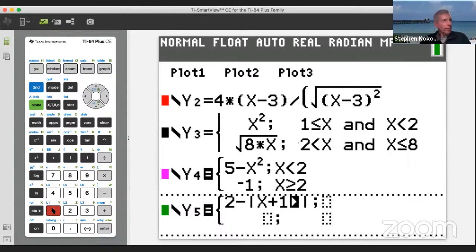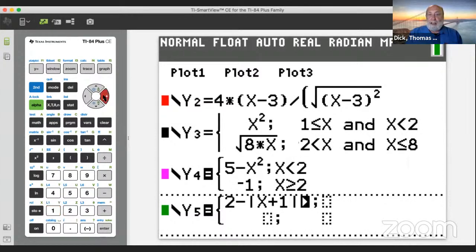Correct. Okay. But the V shape we usually have for absolute value has been flipped over and shifted up 2. So here's how we're doing that.